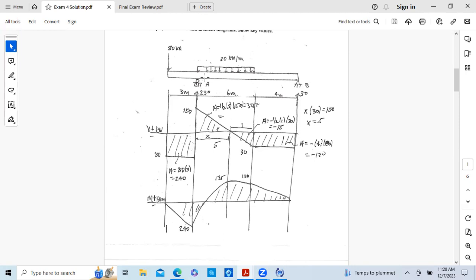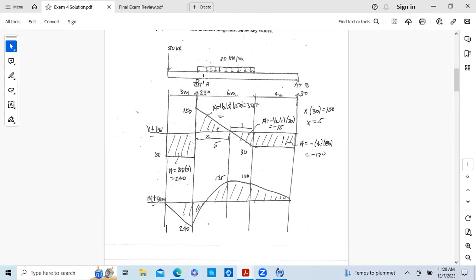And then we have a distributed load that's going to be decreasing as you go across, negative shear. It's acting over 6 meters. 6 times 30 is 180.